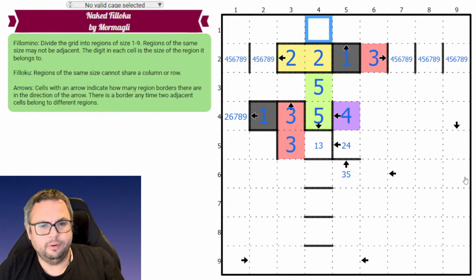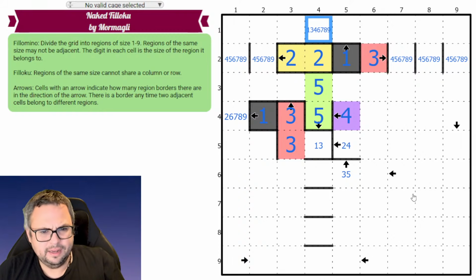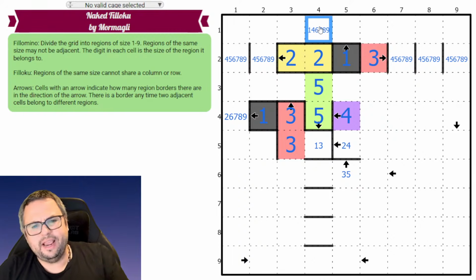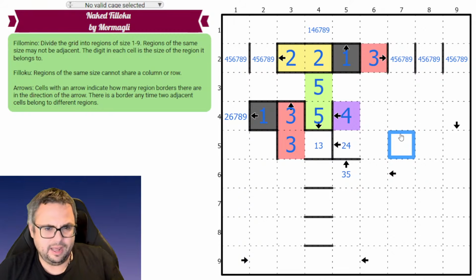Oh no, you were talking about this one. Sorry. This is like 1, 3, 4, 6, 7, 8, 9. But can't actually be a 3. What you were really saying is just this cell can't be a 3, because if it was a 3, it would definitely grow into a column with a 3.